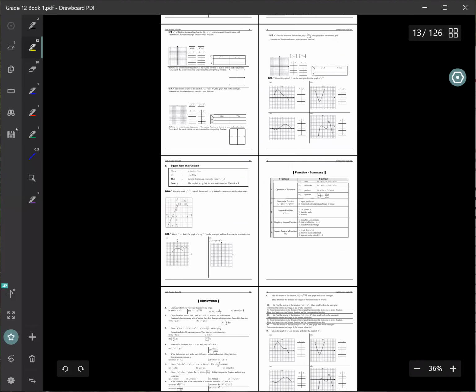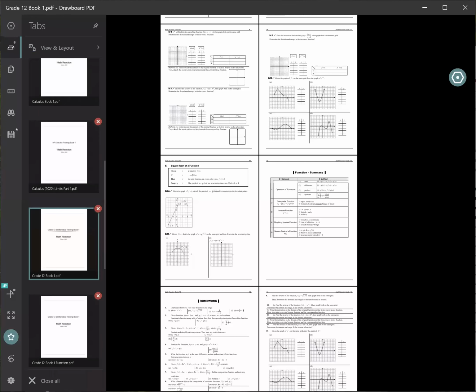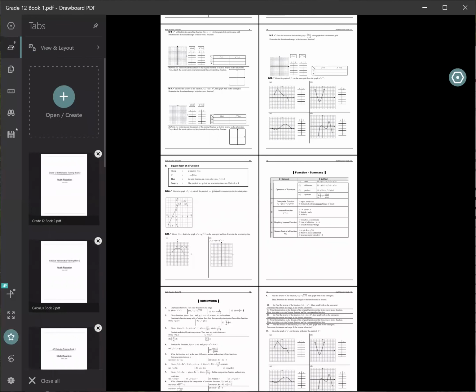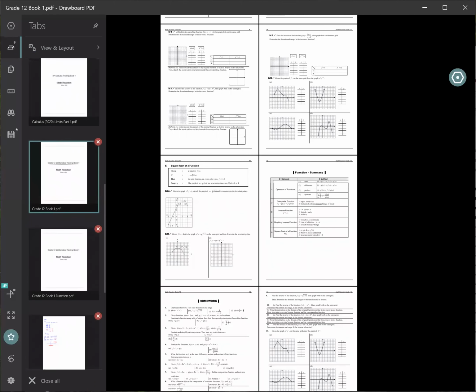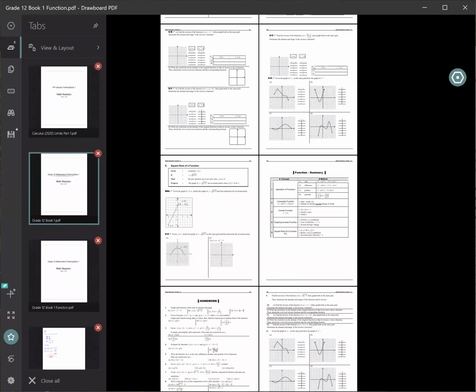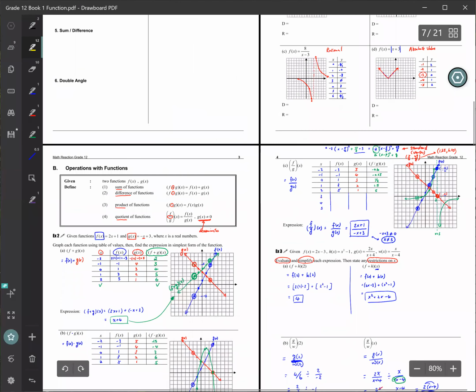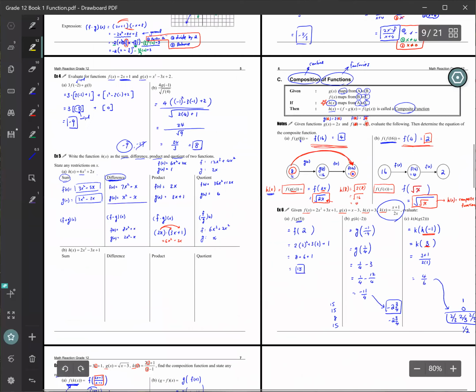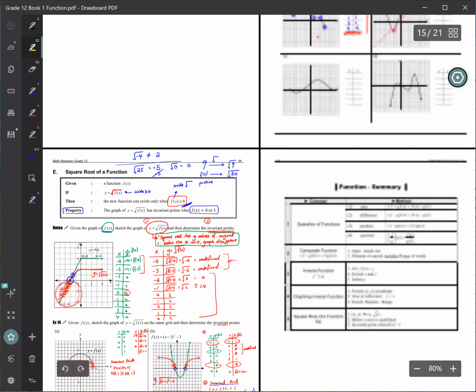Or it's in the other file. Okay, let me pull it out. Functions is, where did it go? Oh, this one. Yeah. Okay, so we did the function here. Inverse is page, where is it?